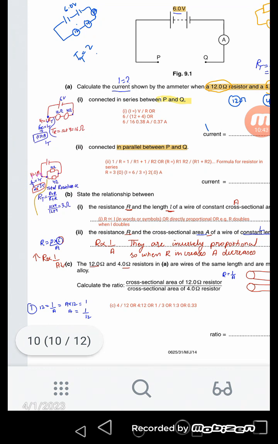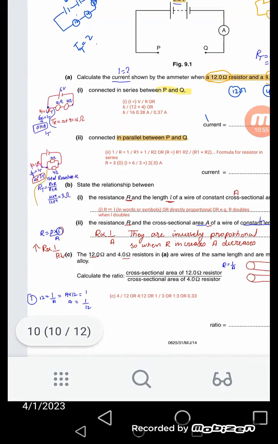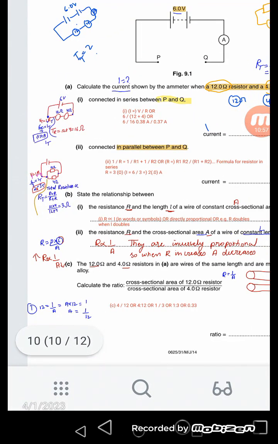And what about the 4 one? For the 4 one, also resistance is equal to resistivity multiplied by length, and the length is the same, divided by area. So the 12 resistance one will be 1 by 12 and the other will be 1 by 4. So your ratio will be 4 by 12.